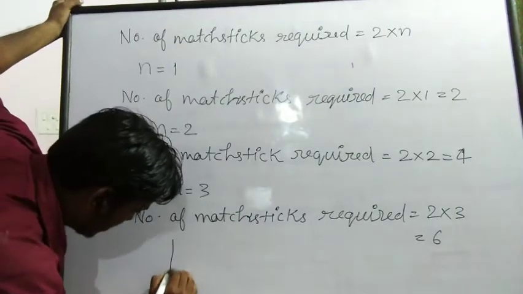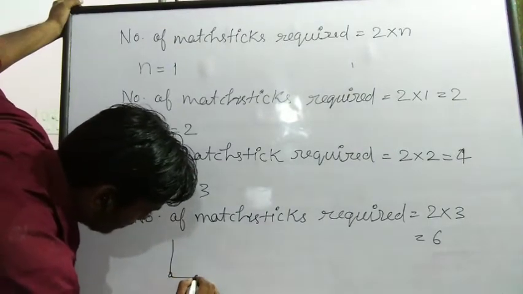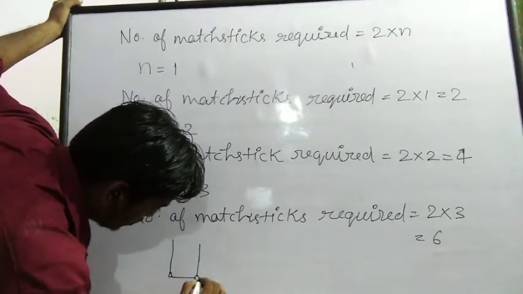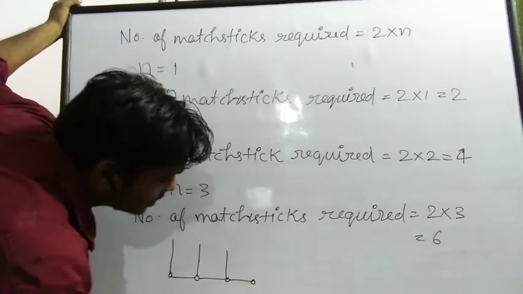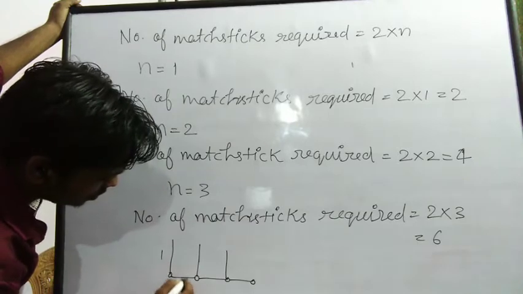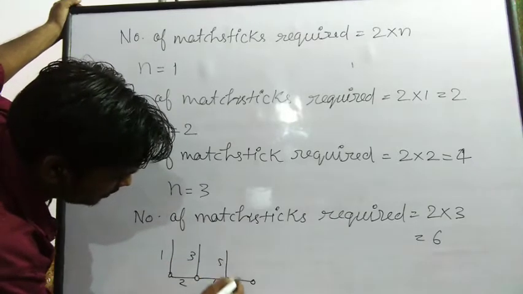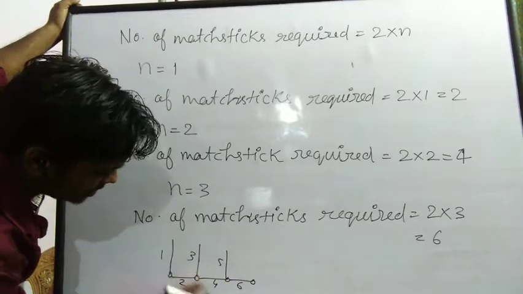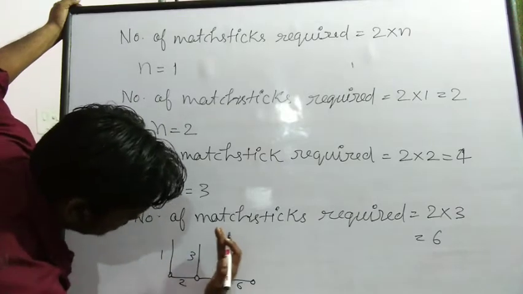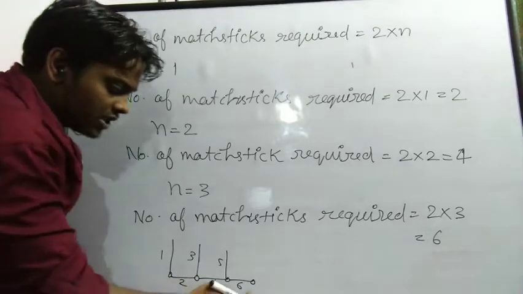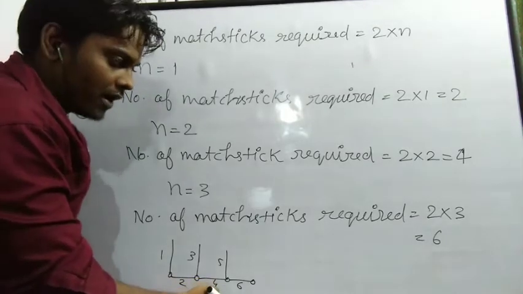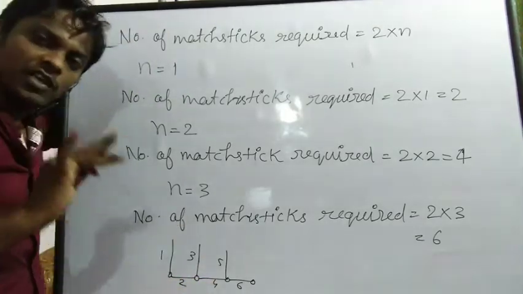Let's see how many sticks are required. 1, 2, 3, 4, 5, 6. This one is 1 L, this one is 2, this one is 3. So 6 matchsticks are required to form 3 L.